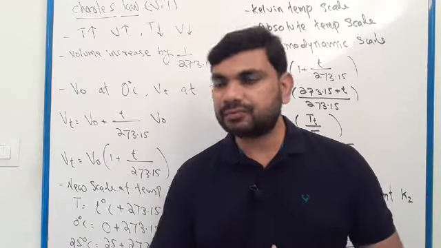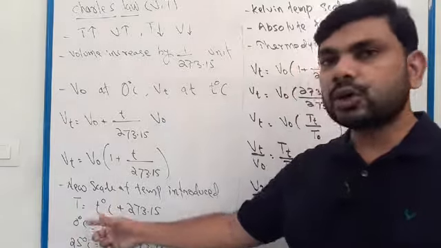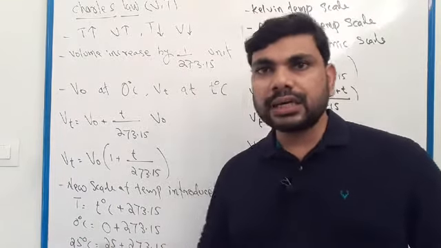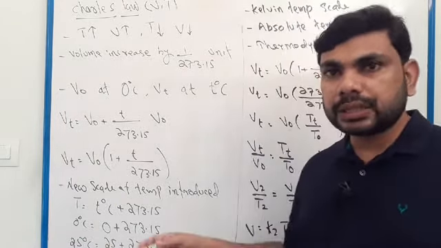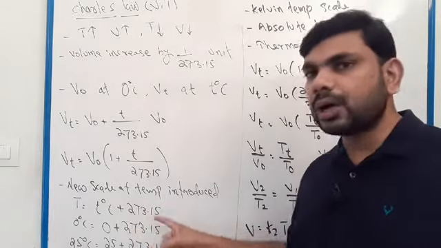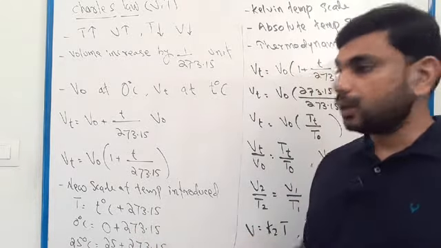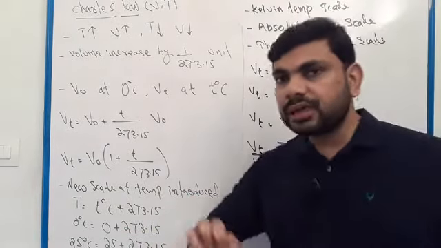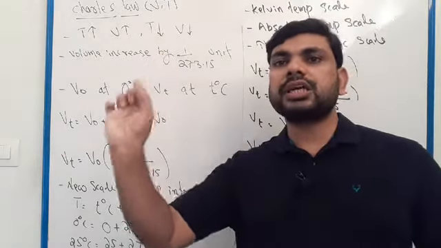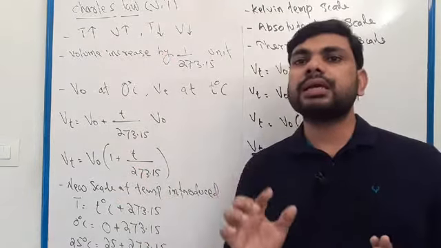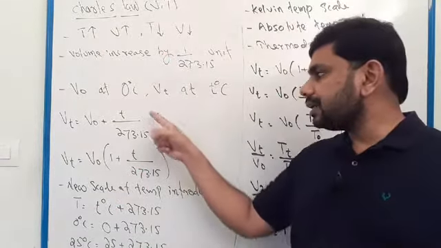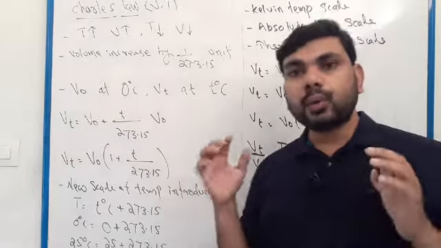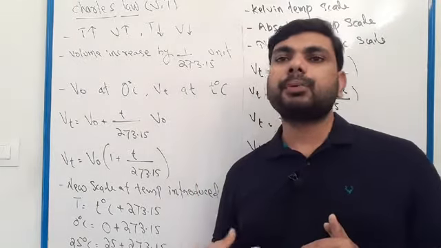Okay, from this observation he introduced another scale of temperature. According to this scale of temperature, imagine 0 degree Celsius will be equal to 0 plus 273.15. Why here 273.15? He found that when we increase temperature by 1 degree Celsius, volume also increases by 1 divided by 273.15.